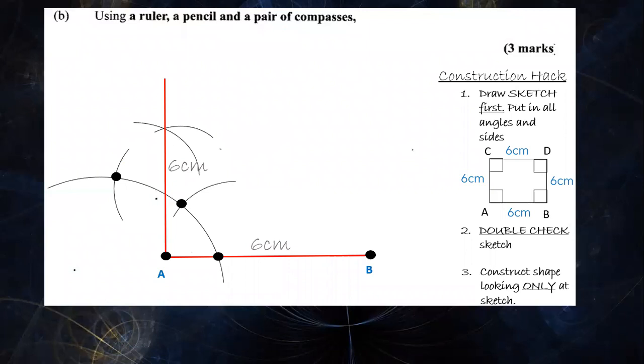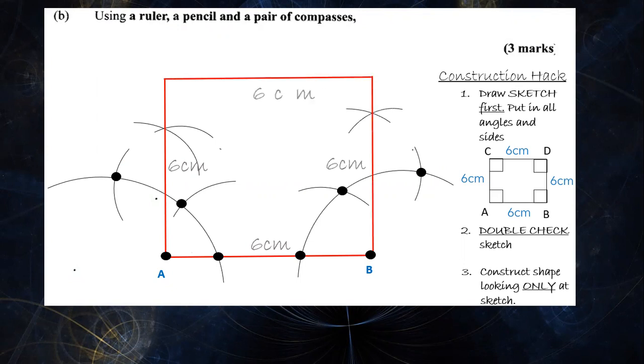So here I'm constructing a square, and it's exactly what is required. All I do is look at the sketch and use the sketch as what I need to do next. Any questions yet? If you think that makes sense, place a Y in the comments.